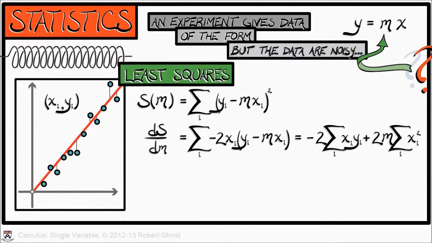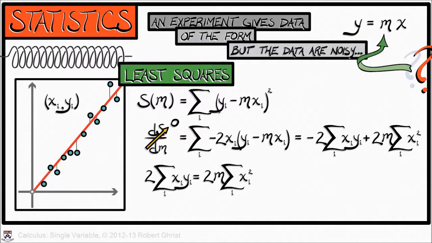Now, our goal is to compute the minimum, so we find the critical point by setting this derivative equal to 0. Moving one sum over to the other side, we see that 2 times the sum over i of x_i y_i is equal to 2m times the sum over i of x_i squared.